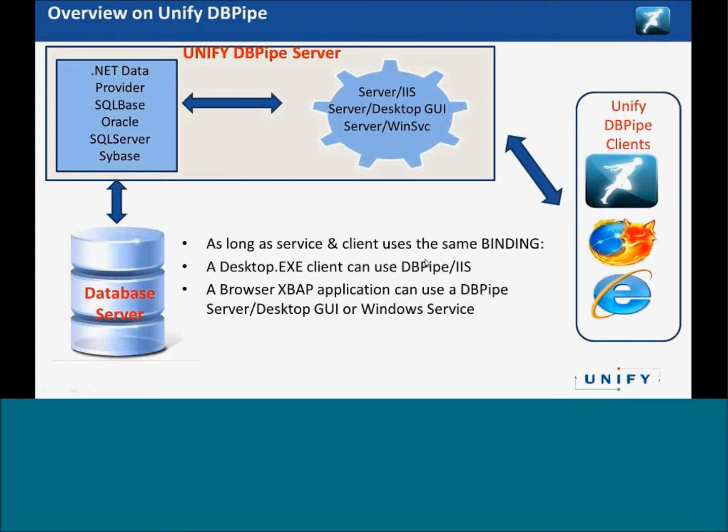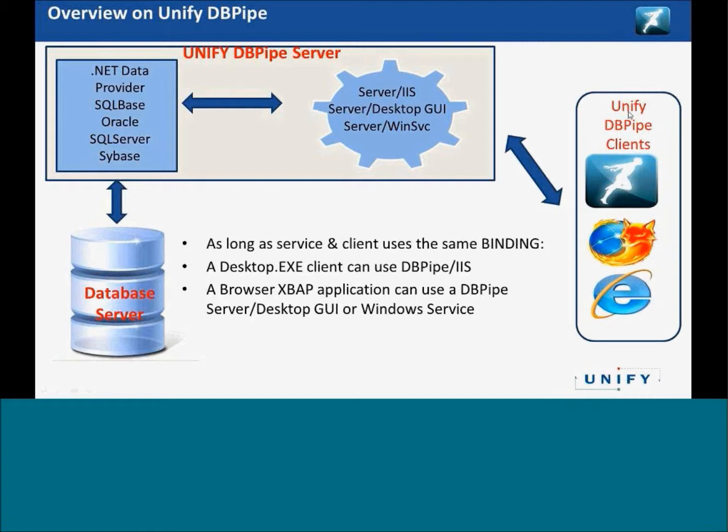So let's have a quick look at what DBPipe is all about. On the right side, you see Unified DBPipe Client. As you can see, those can be desktop exe, so this is new, simply the symbol of Team Developer. And over here, Firefox and Internet Explorer. Firefox needs to have the XBAP plugin if you create a browser application.